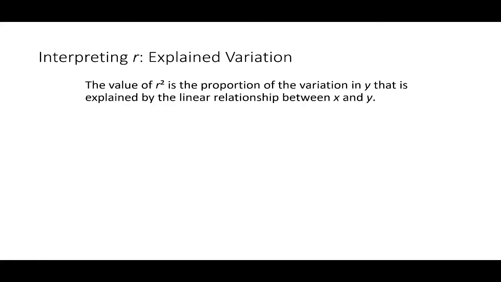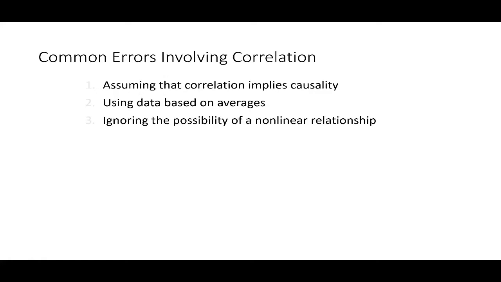Interpreting r, explained variation: the value of r squared is the proportion of the variation in y that is explained by the linear relationship between x and y. That's one of the interpretations. And whenever we use linear correlation, there might be some common errors: for example, assuming that correlation implies causality, using data based on averages, or ignoring the possibility of a non-linear relationship.